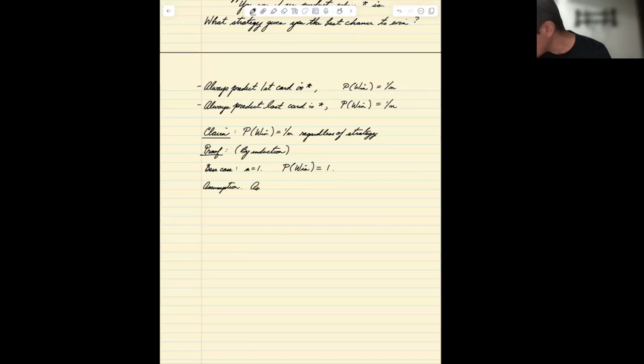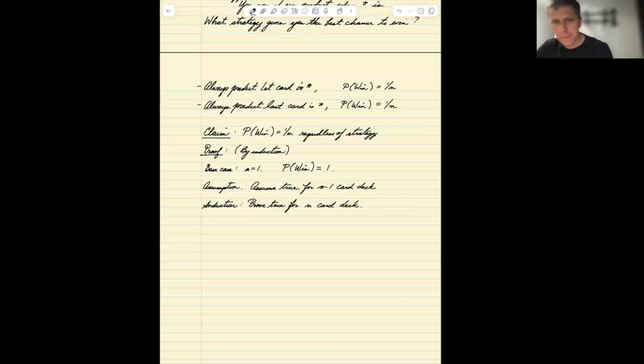So then there's the assumption. Assume true for an n-1 card deck. So assume that no matter what strategy you use on an n-1 card deck, your probability is 1 over n-1. And then you have the induction step, which is to prove it's true for an n card deck. And how do we do that?